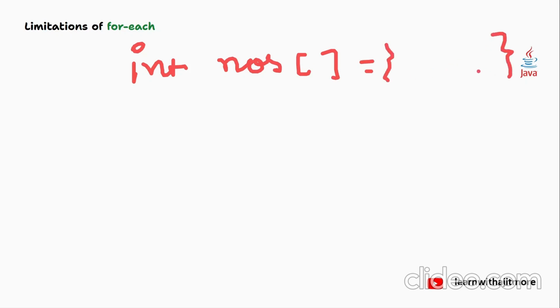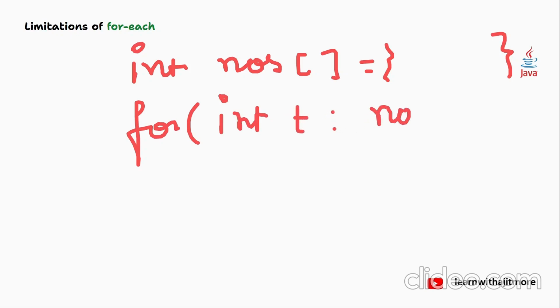If you're traversing an array using a for loop, you have an array, int nos square brackets equal to an array created. Okay, and traverse it using this for loop: for int t colon nos.